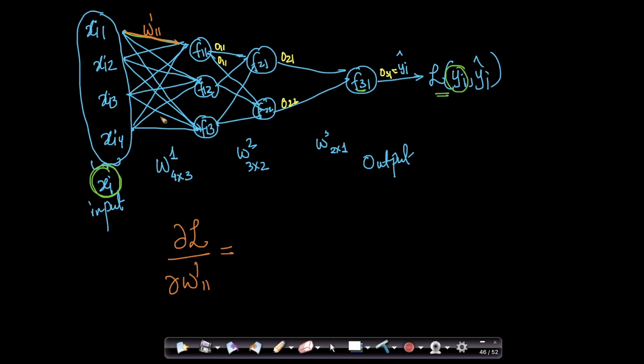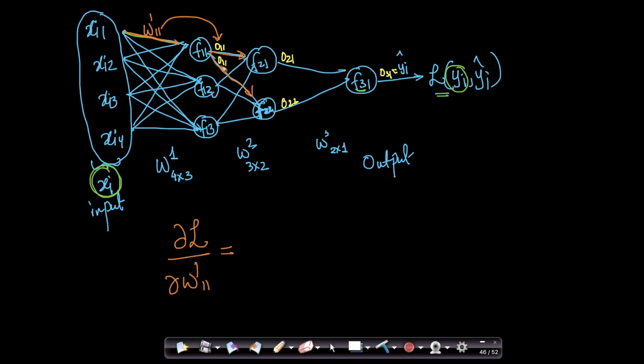So now let's look at this. This is very interesting. Your W111 impacts O11. But O11, instead of going only to F21, is also going to F22 here. Let me write it clearly here. This is F22. So your O11 is going both into this and into this, and into this. So there are 2 paths it's taking.